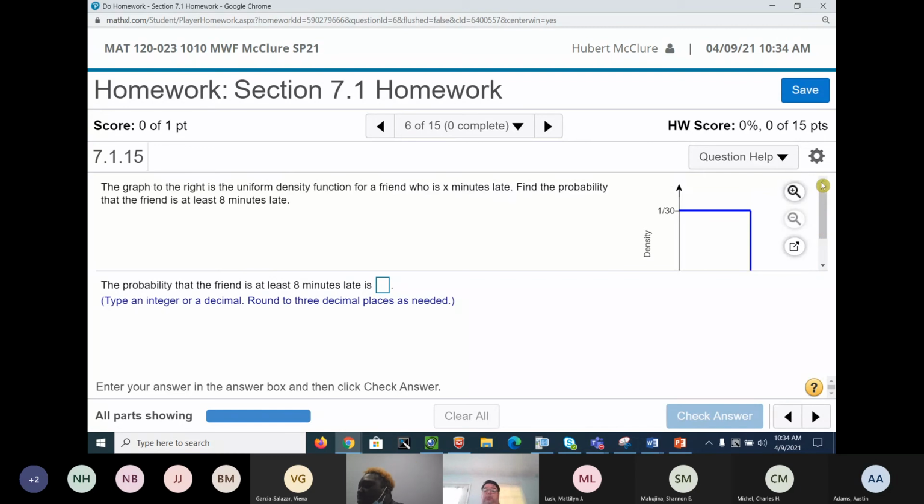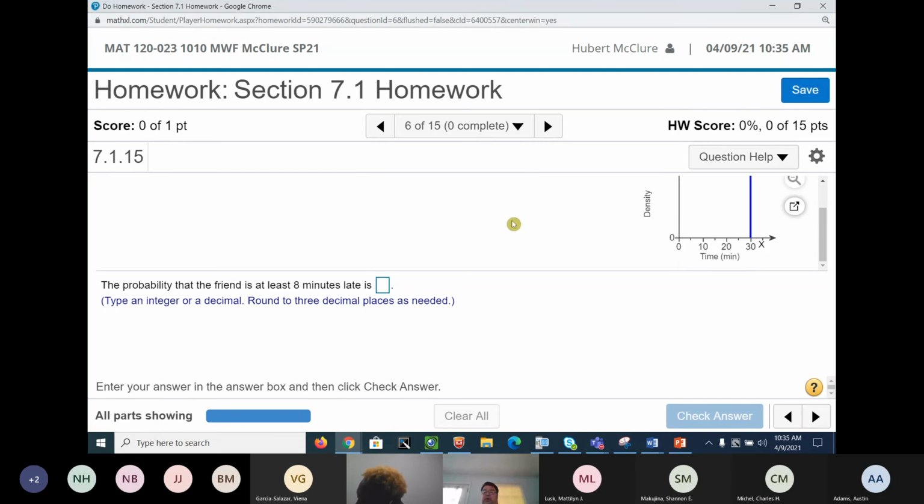All right, write down this problem. The graph to the right is the uniform density function for a friend who is X minutes late. Find the probability that the friend is at least 8 minutes late. Okay, there it is.